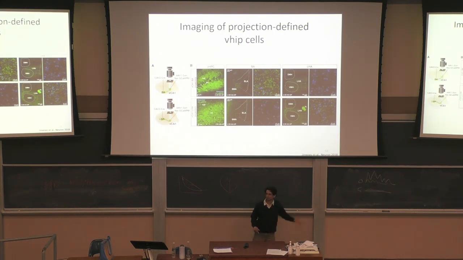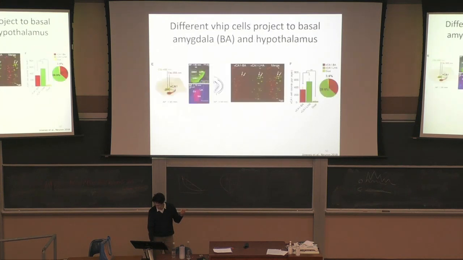And they do the same thing to label cells that project to lateral hypothalamus, which are these cells here. And those cells don't project to amygdala. You don't see any axon terminals in the amygdala, but they do project to hypothalamus. So this is also a way that confirms their previous result, which is this result here.